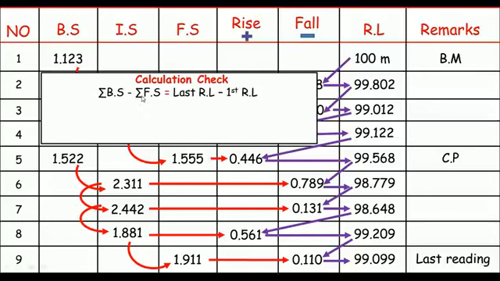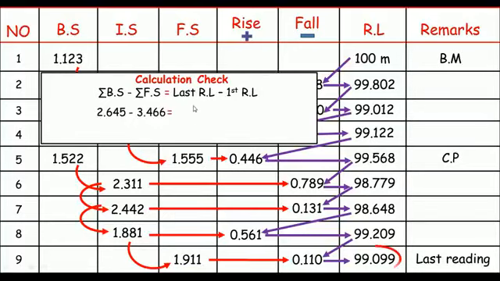In the first check, summation of backside minus summation of foresight must be equal to the last RL minus the first RL. Like summation of backside, remember we have only two backsides. To add these two, we get of course 2.645, minus summation of foresides. Foresides are also of course two. So add these two.